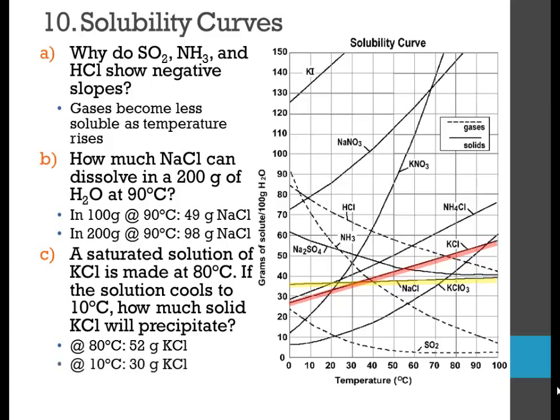But at 10 degrees, I can only dissolve 30. So if I saturate my solution at 80 degrees, it's got 52 grams of potassium chloride. But if I drop that down to 10 degrees, the difference, which is 22 grams, is what's going to fall out. We just did 52 minus 30, and that's the difference that can't be dissolved. That's what's going to fall out as a precipitate, as a solid.